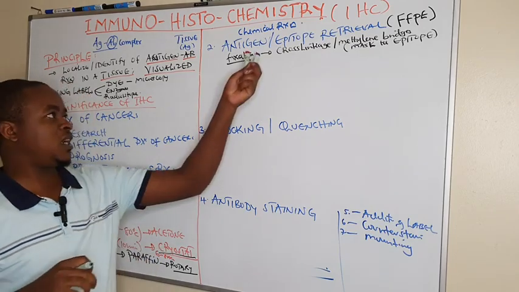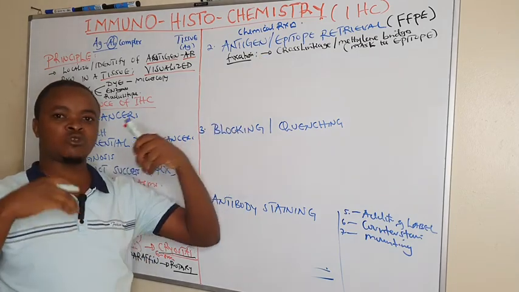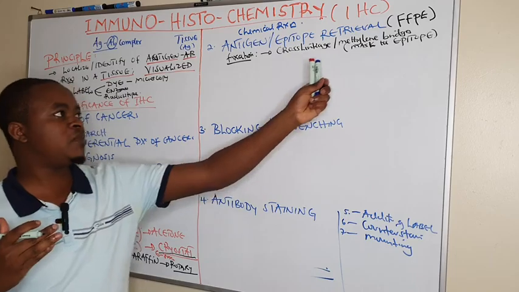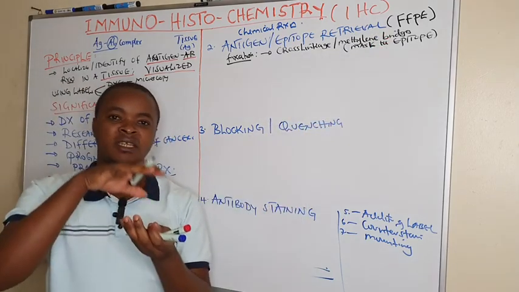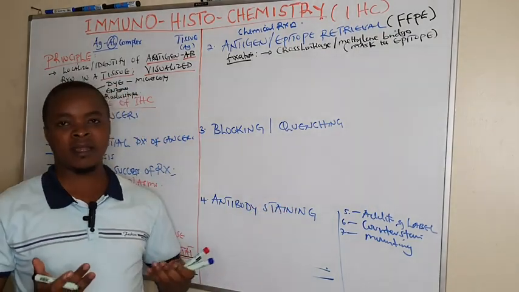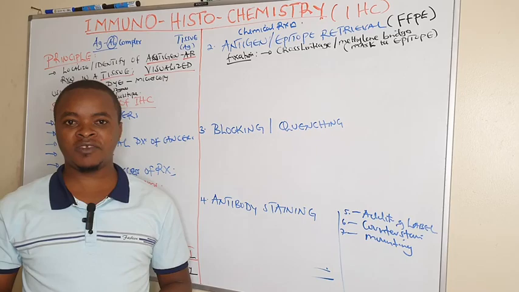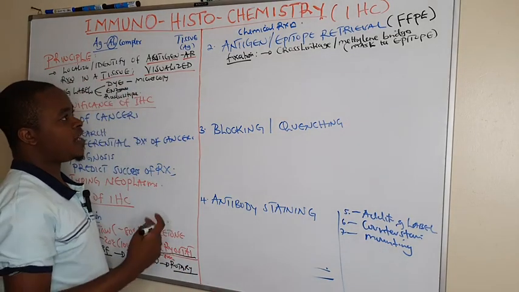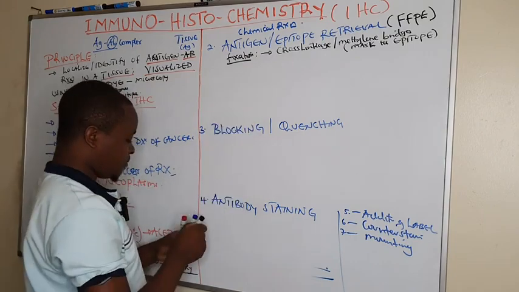So why we are doing antigen retrieval is to remove the cross-linkage and methylene bridges which are covering the epitopes, so that they are exposed for binding by the antibodies. That is the significance of epitope retrieval. And there are different methods used.